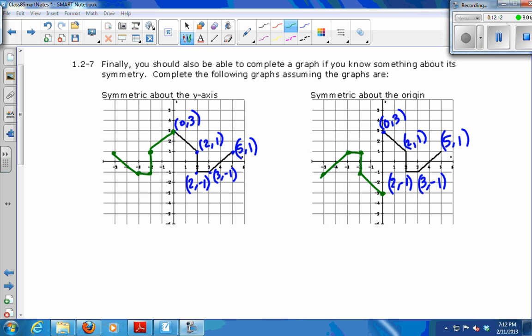Pick key points. And for y-axis symmetry, take the opposite of every x coordinate. For origin symmetry, take the opposite of both. So 3, -1 becomes -3, +1, which is right there.